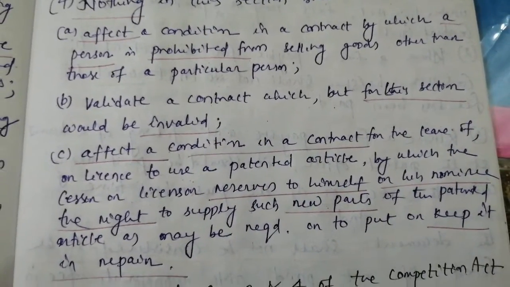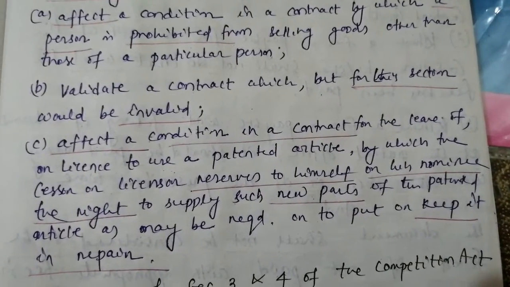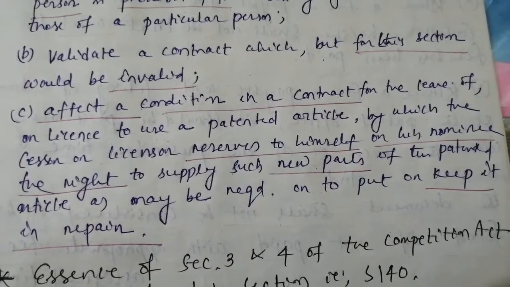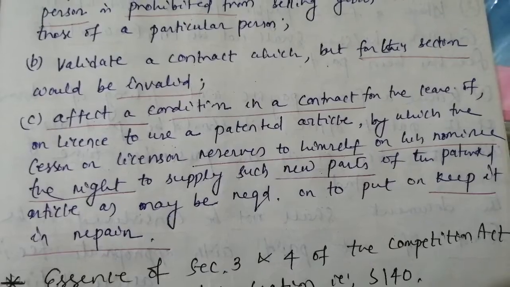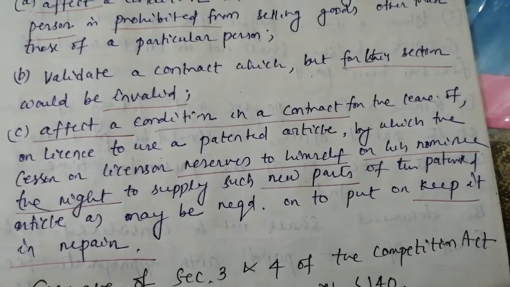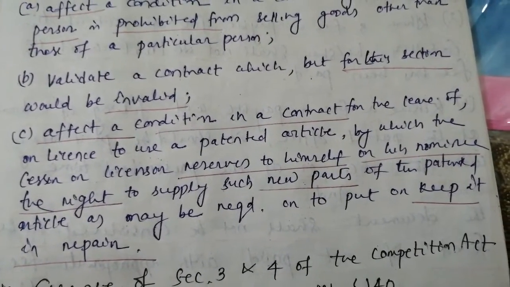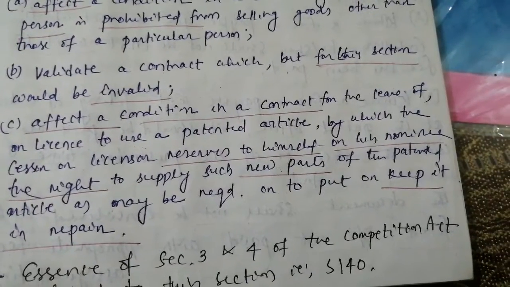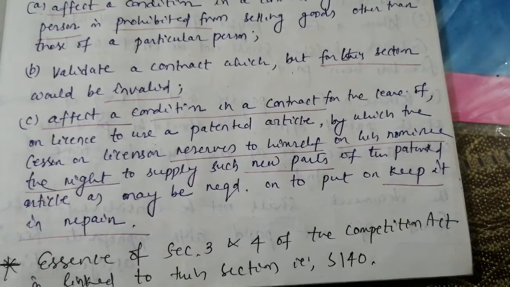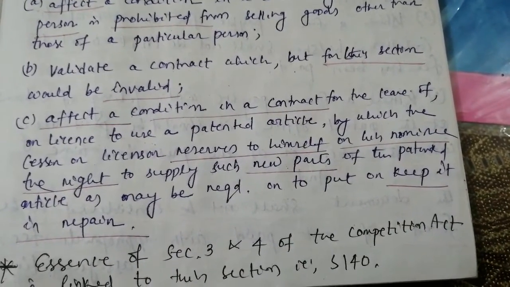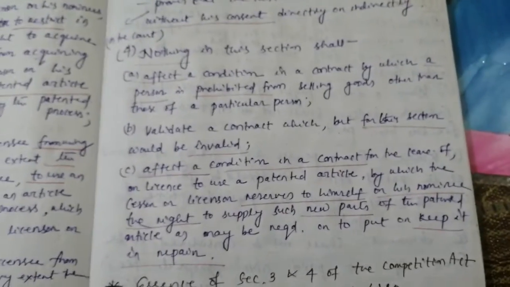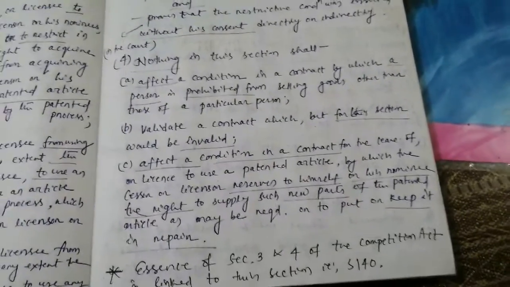Then clause B, validate a contract which but for this section would be invalid. Then C, affect a condition in a contract for the lease of or license to use a patented article by which the lessor or licensor reserves to himself or his nominee the right to supply such new parts of the patented article as may be required, or to put or keep it in repair. Fine. Please observe the underlined words and you will find it.